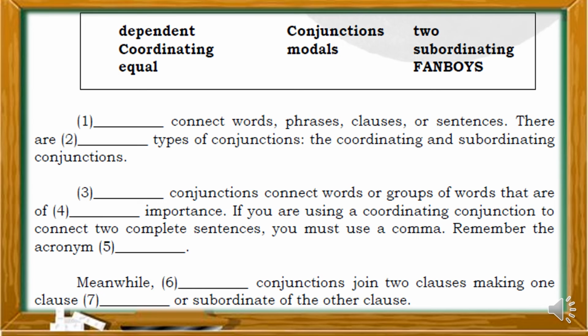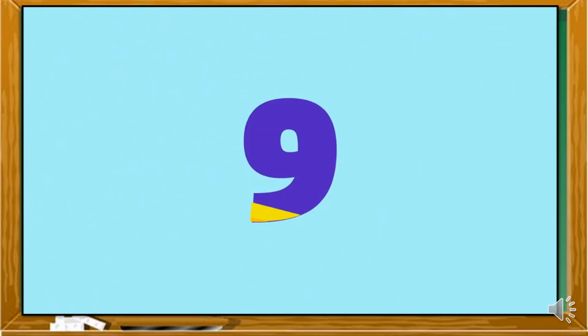Blank conjunctions connect words or group words that are blank importance. If you are using a coordinating conjunction to connect two complete sentences, you must use a comma. Remember the acronym BLANK. Meanwhile, blank conjunctions joins two clauses, making one clause blank or subordinate of the other clause. Okay, are you ready to answer this? Okay, I will give you time to answer.